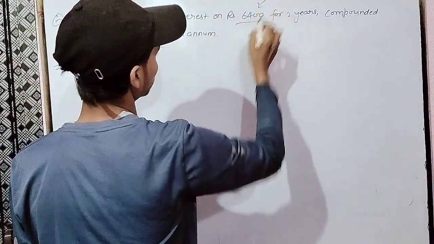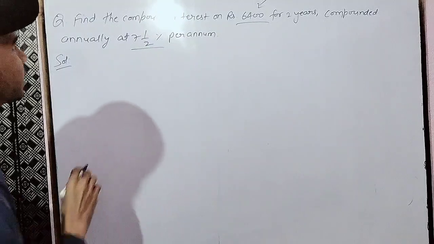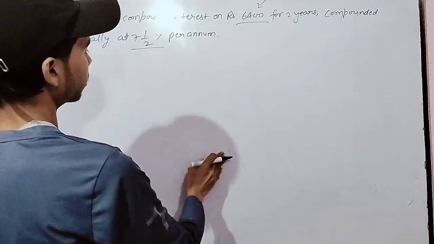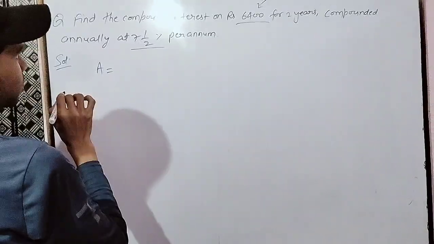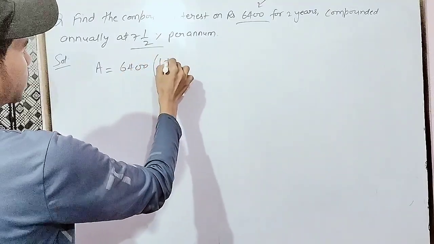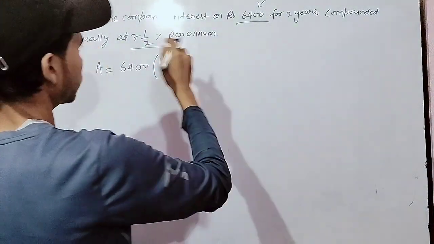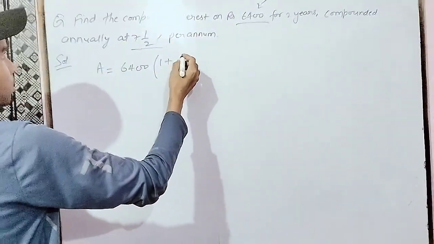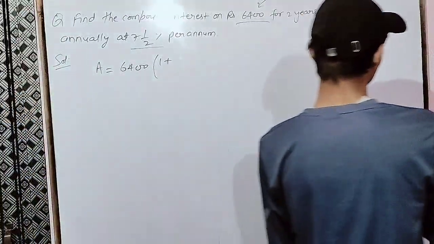First, it is saying find compound interest on this. Now, this is the principal. Principal is how much? 6400. Rate is how much? This is 7.5 percent, 15 upon 2.